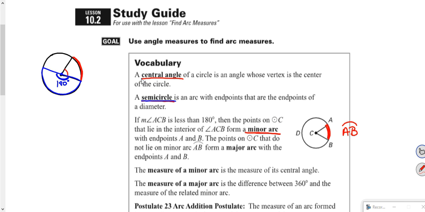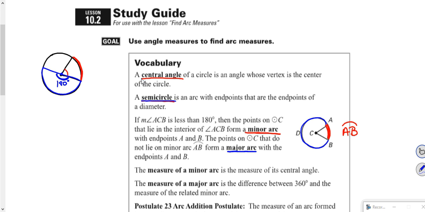Okay, a major arc is going to be greater than 180. So this would be a major arc. And typically, a major arc is denoted by 3 letters because it helps to know where the middle is, so you know what direction you're going around the circle.